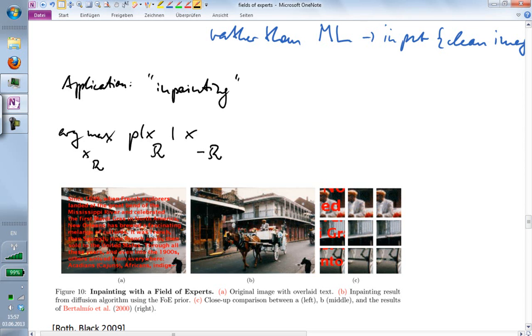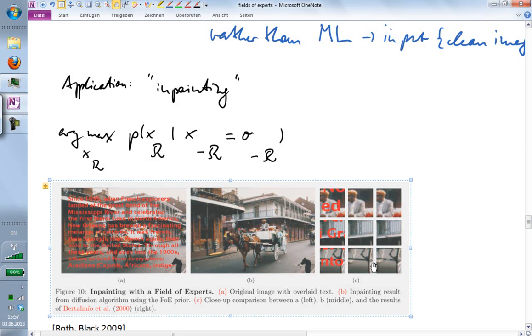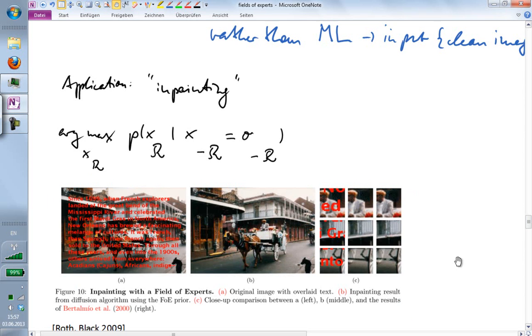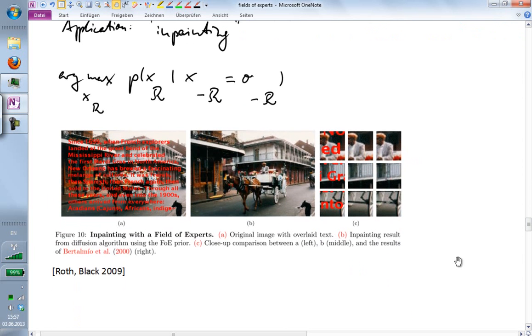So I write -R for the not red ones, which are simply initialized to be the observations at those locations. So here, denoising is not considered. The image is considered to be noise-free. You just want to fill in the masked pixels.